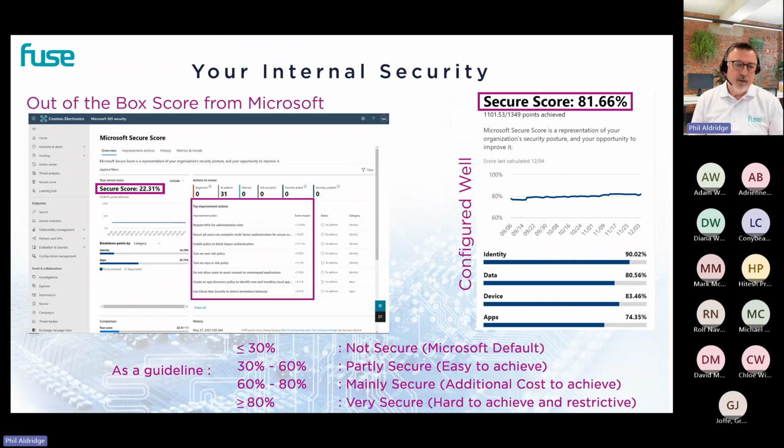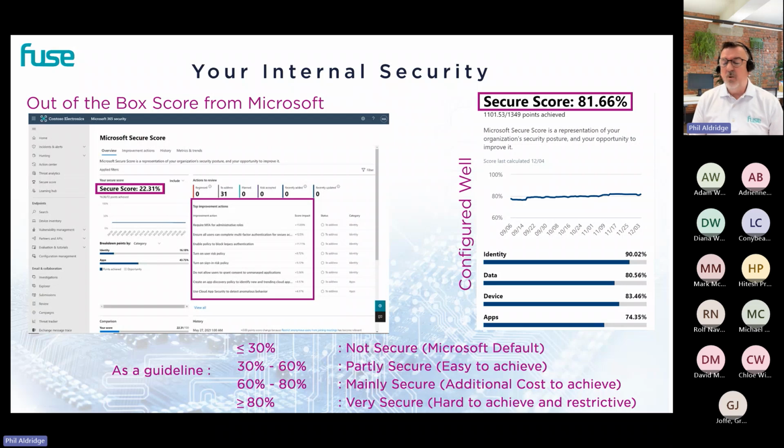So probably not very easy to read, but there's a bigger purple box there that has a list of improvement activities that you, your IT department or your IT vendor can do to enhance this secure score. And if you configure your systems well, you'll get to a system that looks like the right-hand side there, where it's over 80%.